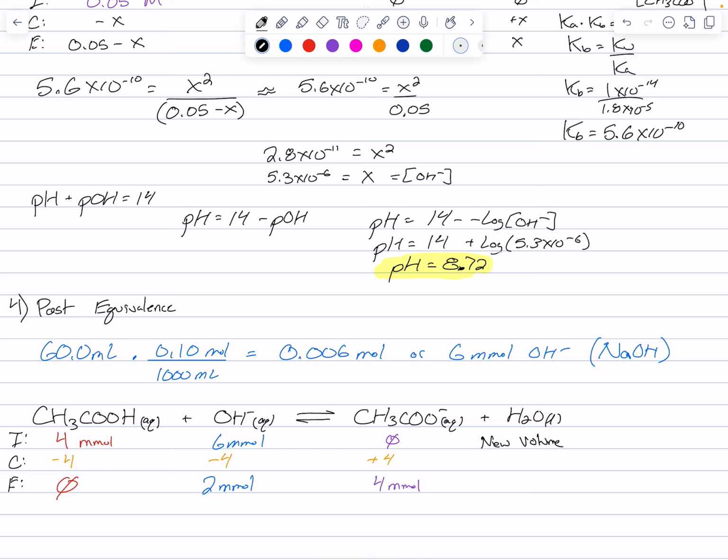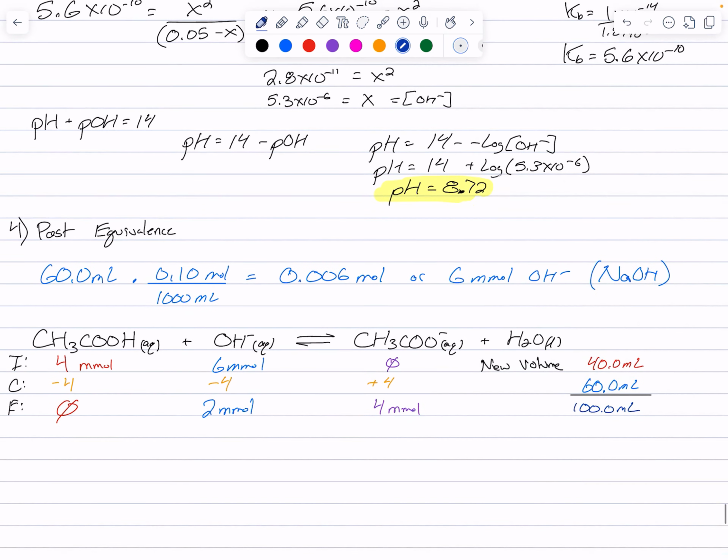And that new volume would be our 40 milliliters and our 60 milliliters to give us 100 milliliters. All right. And so in our 100 milliliters, let's do this. 2 millimoles divided by our 100 milliliters.